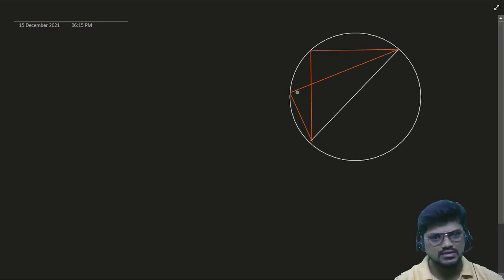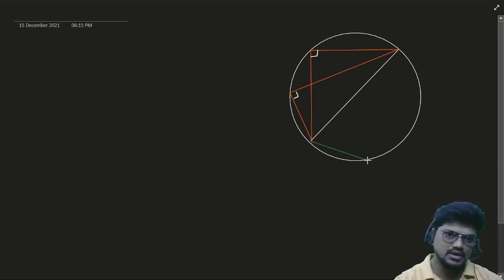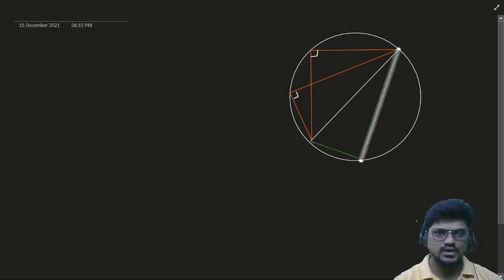This is always 90 degrees. You can take any two lines. Even if I draw lines over here, since it's a diameter, it will always give you 90 degrees. If I join these two sides, it will always be 90 degrees.